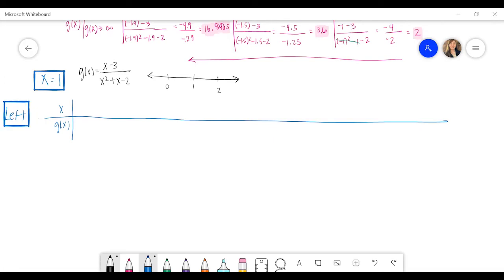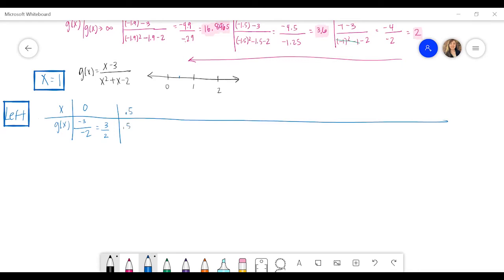Okay, so I would pick 0 to start. So that's -3 over -2, or just 3/2. 0 is always a wonderful number to work with. Maybe let's try halfway, so that would be 0.5.